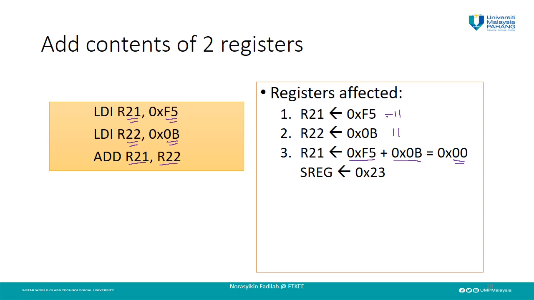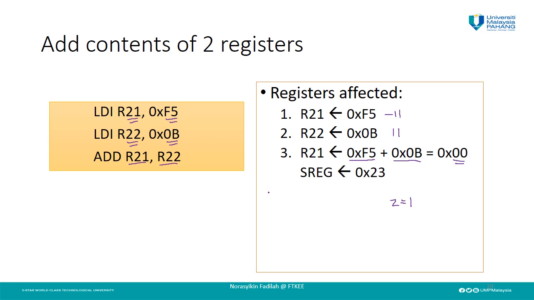So for add, the operation is on signed 8-bit values. When the result is 0, obviously the Z flag will become 1 because the result is 0. And then what about the other flags?